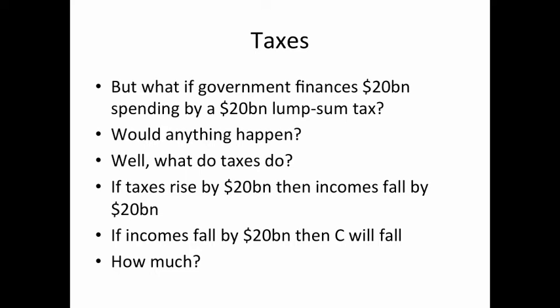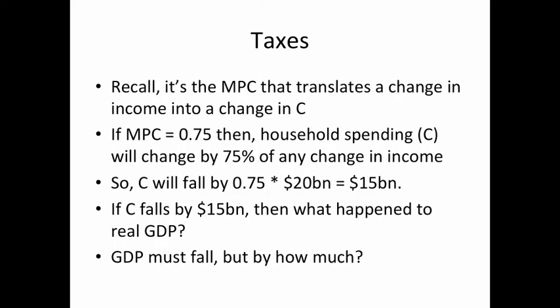If incomes across the United States fall by 20 billion, would we expect to see a 20 billion decrease in consumer spending? Well, no, we wouldn't, because remember, the relationship between a change in income and a change in consumer spending is all about the MPC. The MPC translates that change in income to a change in spending.